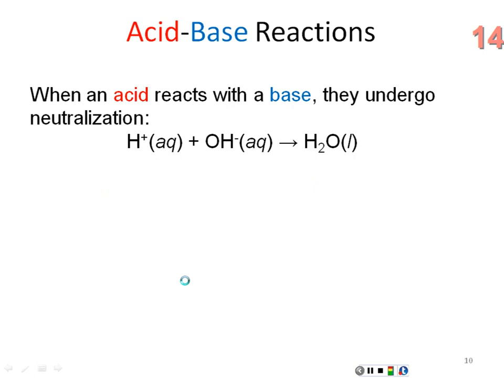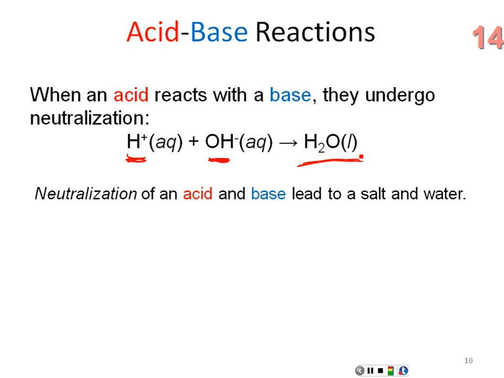So when acids and bases react with one another, they undergo what is known as neutralization. And the generic form of that reaction would be H+, your generic acid, plus OH-, generic base. They come together, react, neutralize, and they form H2O, water.